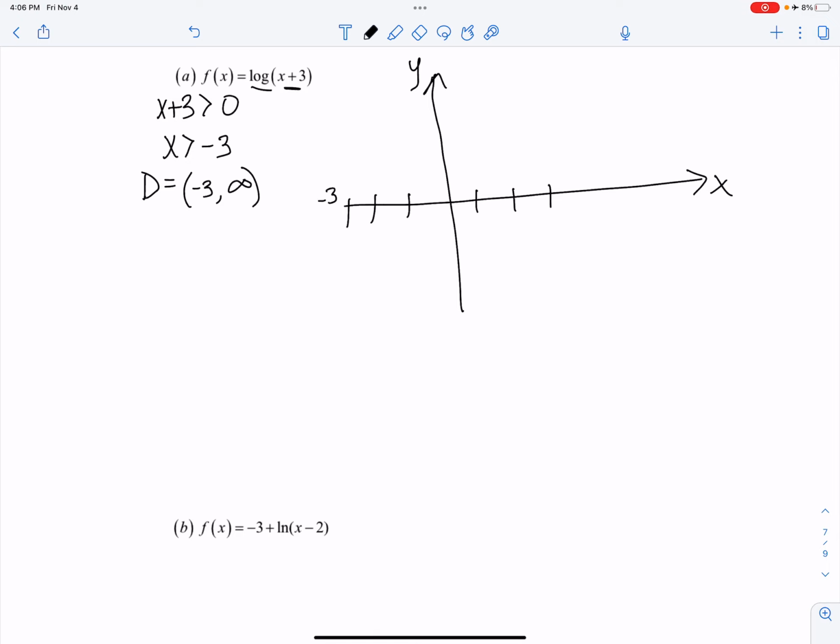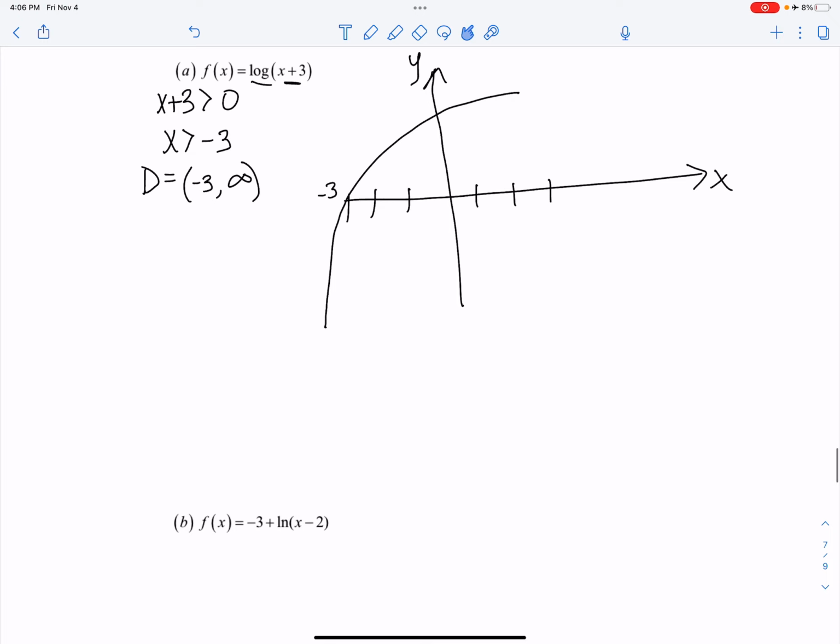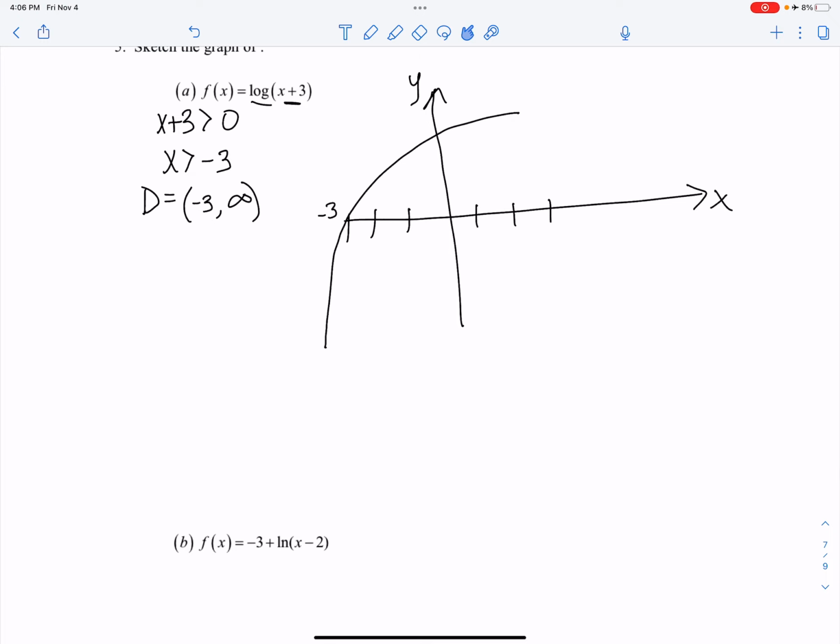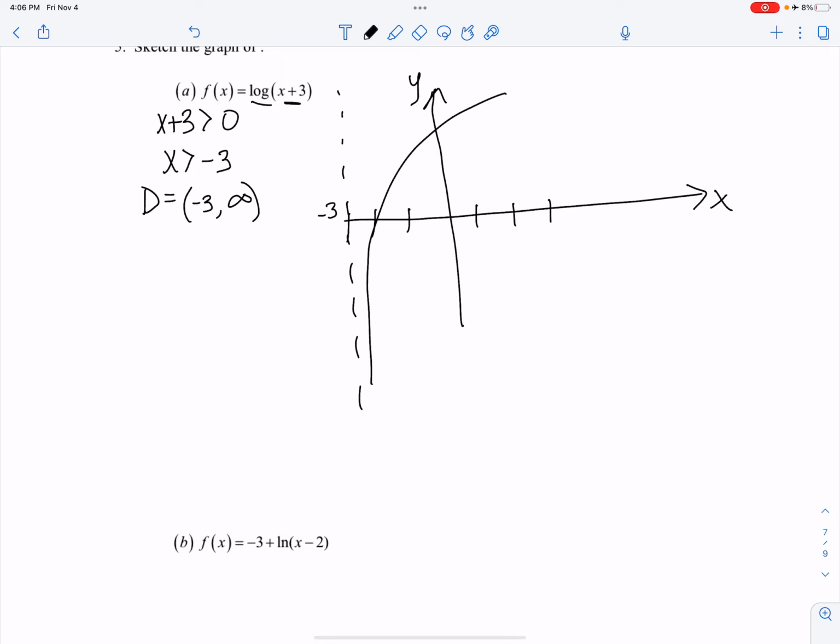At -3, so it's going to come up from -3, something like that. That would be our sketch.